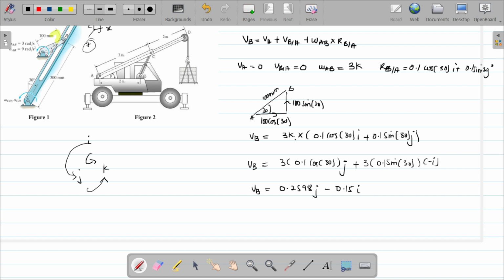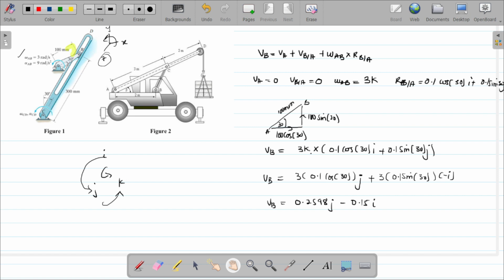Now we can also compare velocity of B to C. Here B would have two types of velocity. B will be sliding in the slot and rotating at the same time. When it is rotating, the tangential velocity on B is what we have found.